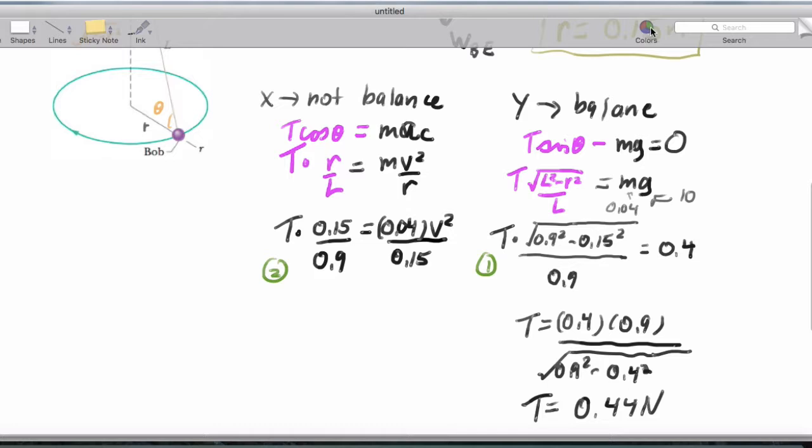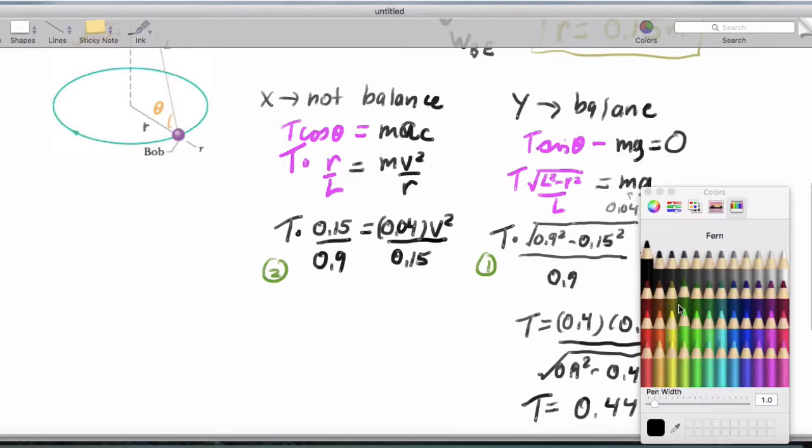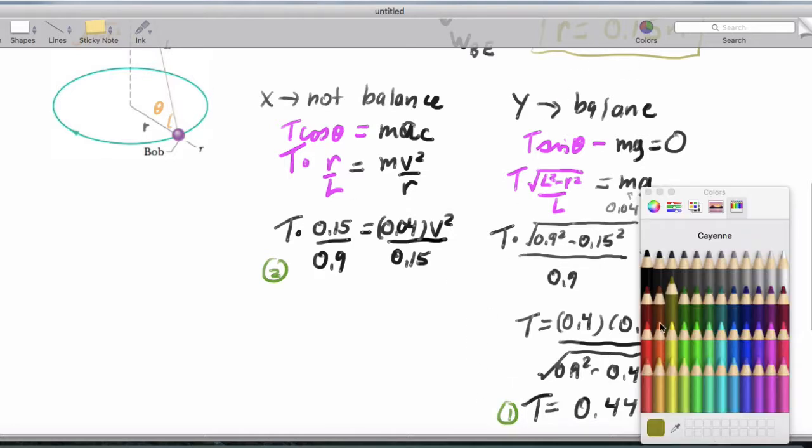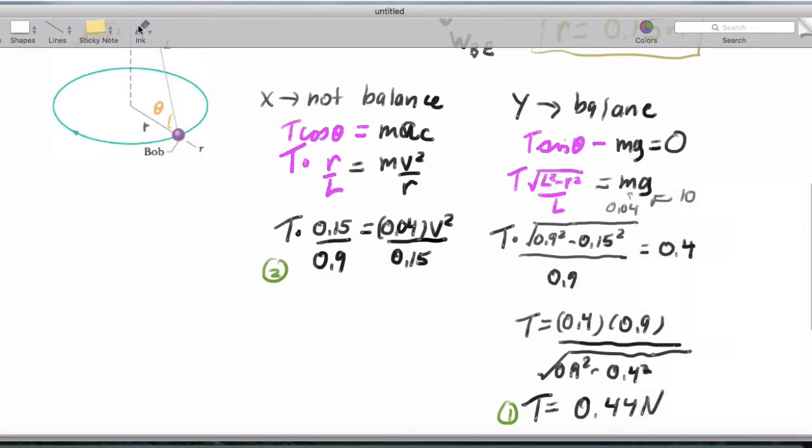Pretty exciting. All right, now what can I do with that? Now this is the result for number 1, right? So I'll just move this here. So this is the result for number 1. And then I'm going to take result number 1 and plug it into number 2.